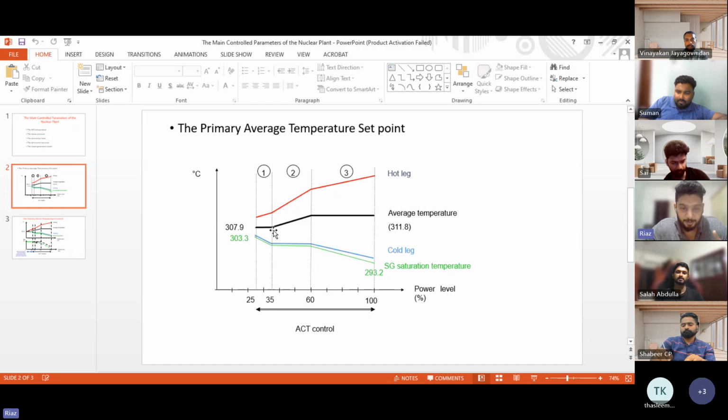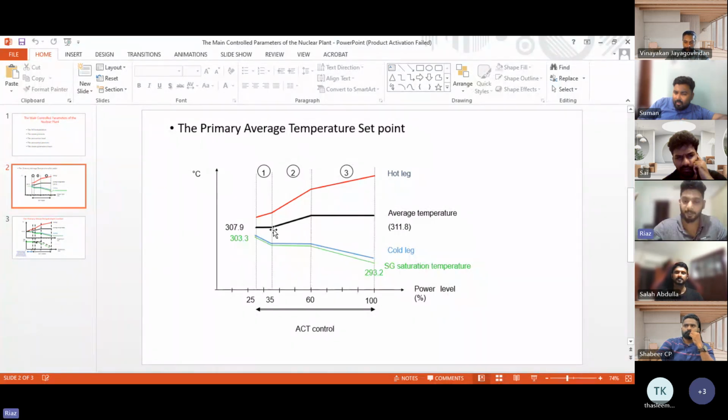You got my point, I think. Is it clear? Yes, Riaz. Sorry, for me it is not clear. In ACT control mode, that is, greater than 25% of full power, in whichever condition the turbine, the generating side power will be equal or directly proportional to the reactor side power.